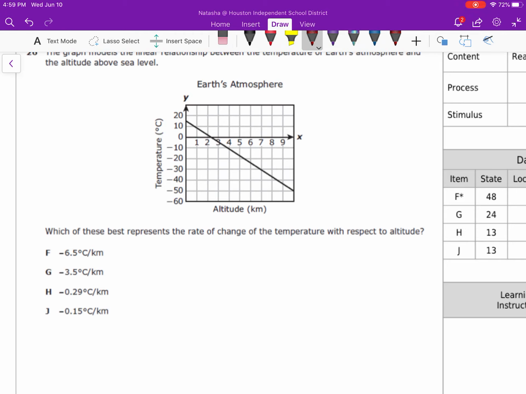It's kind of hard to find a perfect point on this. I'm saying that's about 15, because this is 10. So that would be the point 0, 15.